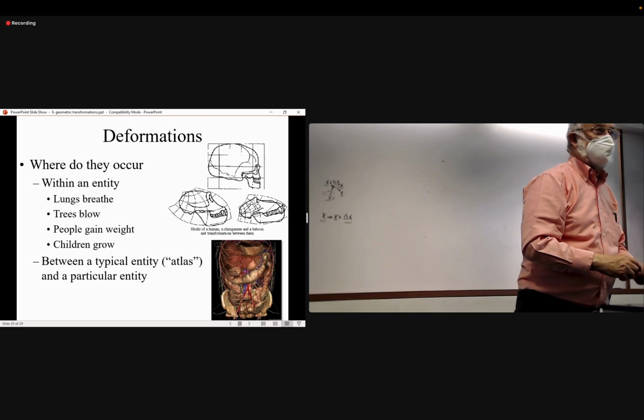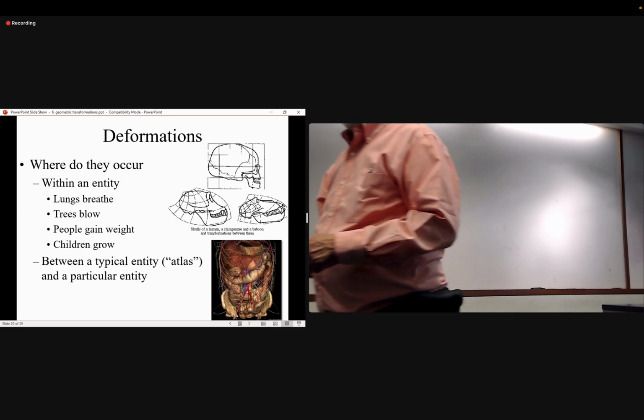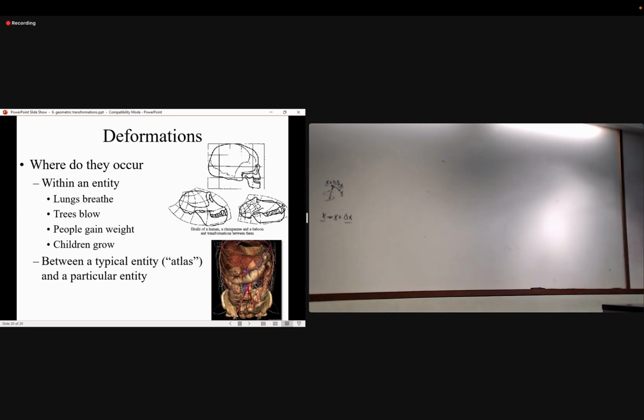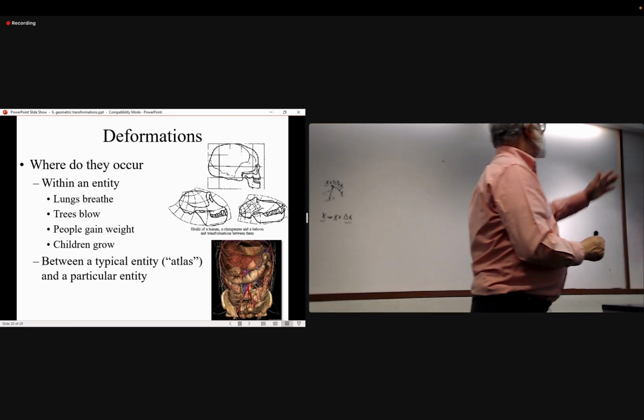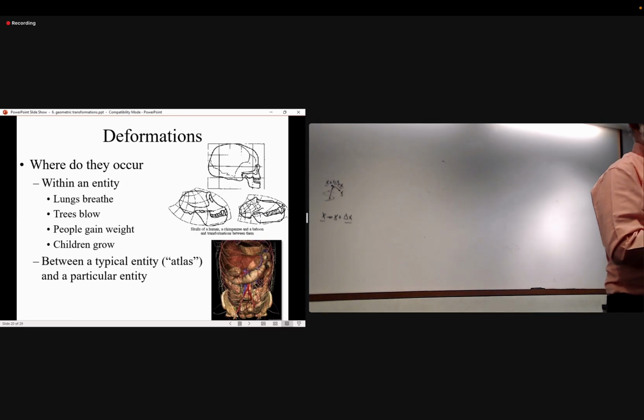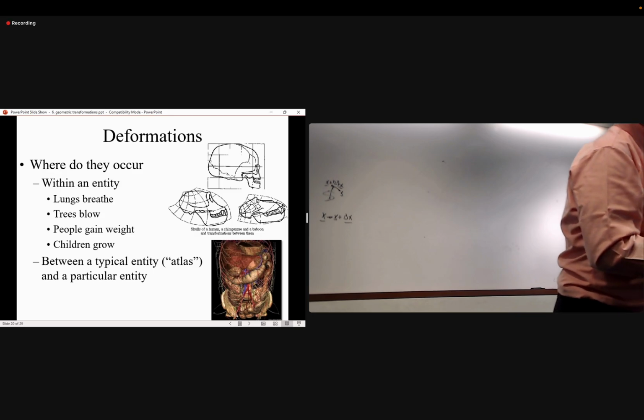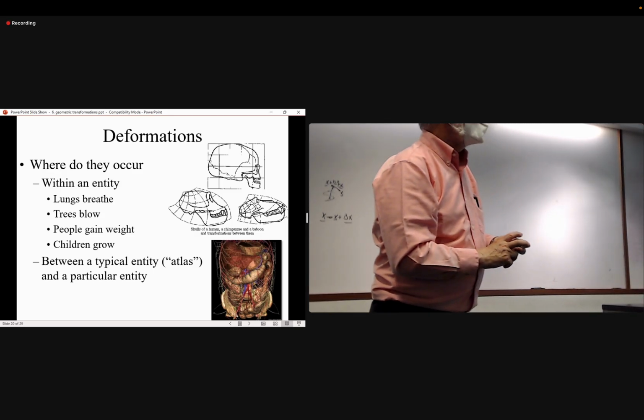If you looked at me when I was married, I weighed 140 something. I don't anymore. And so we all change shape a little bit from morning to night and a lot over the years.